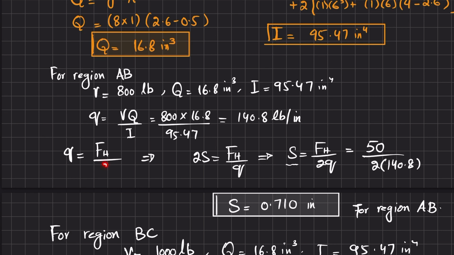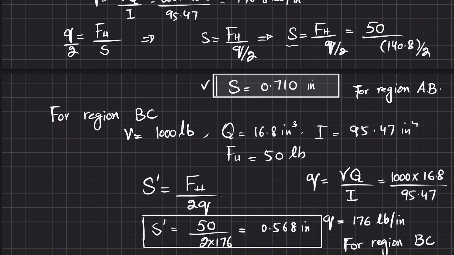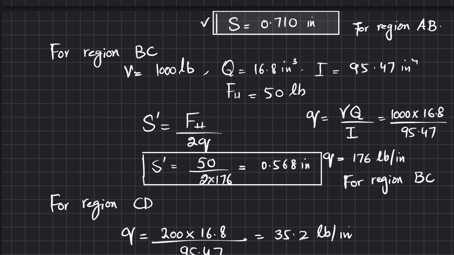This is s, and this will be q by 2. So s will be equal to q divided by 2. This is not 2q. This is q divided by 2. So you will get this value. Same is the case here, s dash will be equal to q divided by 2.